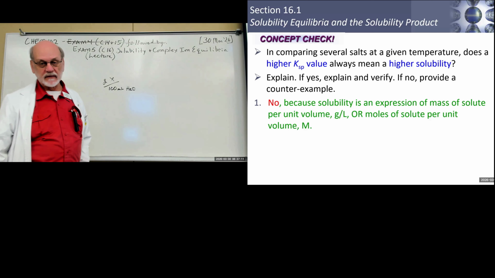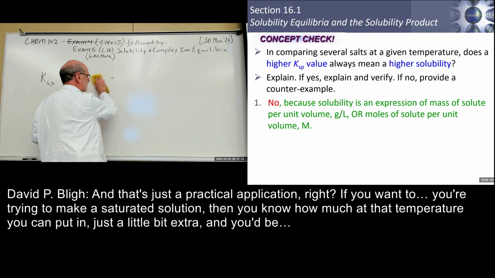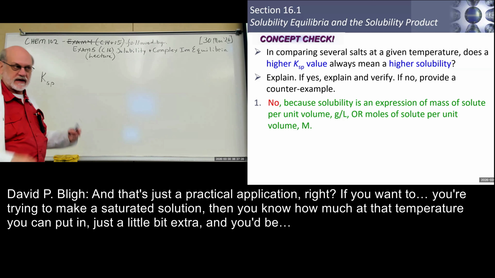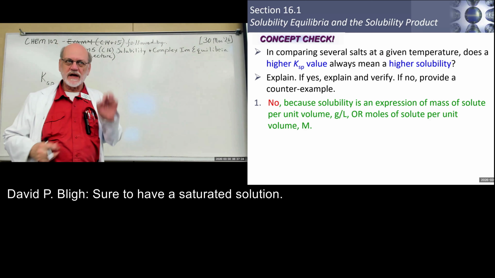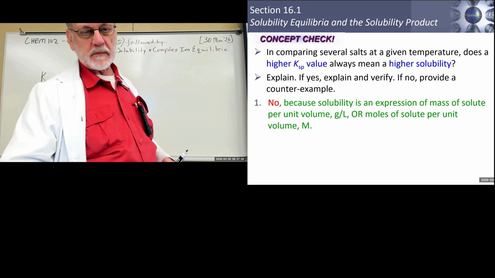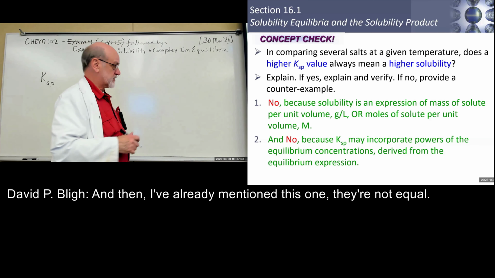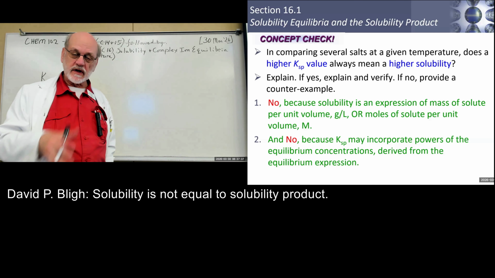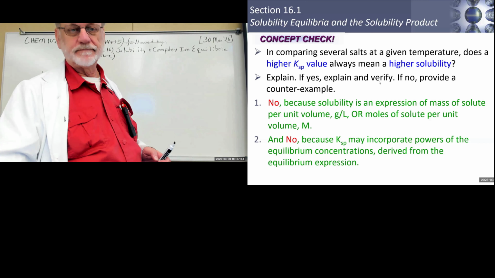That's just a practical application. If you're trying to make a saturated solution, then you know how much at that temperature you can put in, just a little bit extra, and you'll be sure to have a saturated solution. And I've already mentioned this one, they're not equal. Solubility is not equal to solubility product because of those powers.